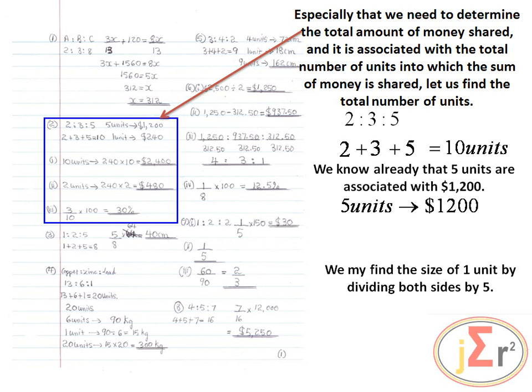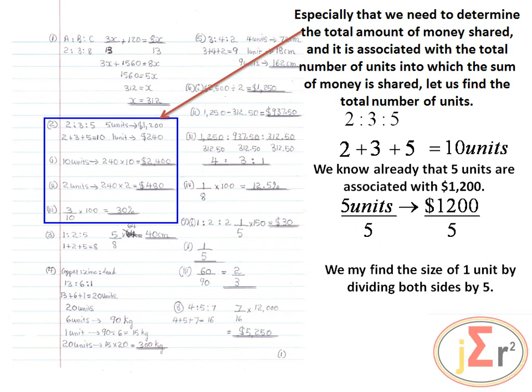But first, let us find the size of 1 unit. 5 units are equivalent to $1,200. So we may find the size of 1 unit by dividing both sides by 5. 5 into 5 is 1 unit.